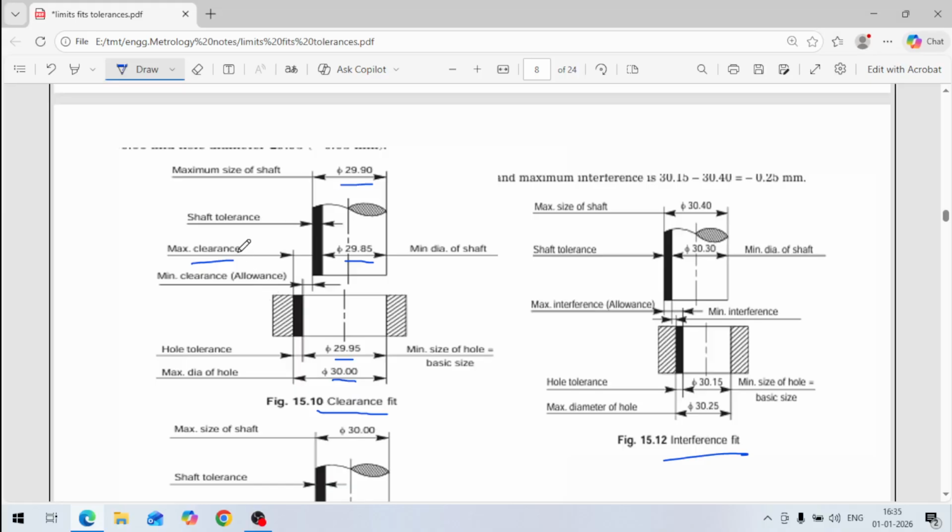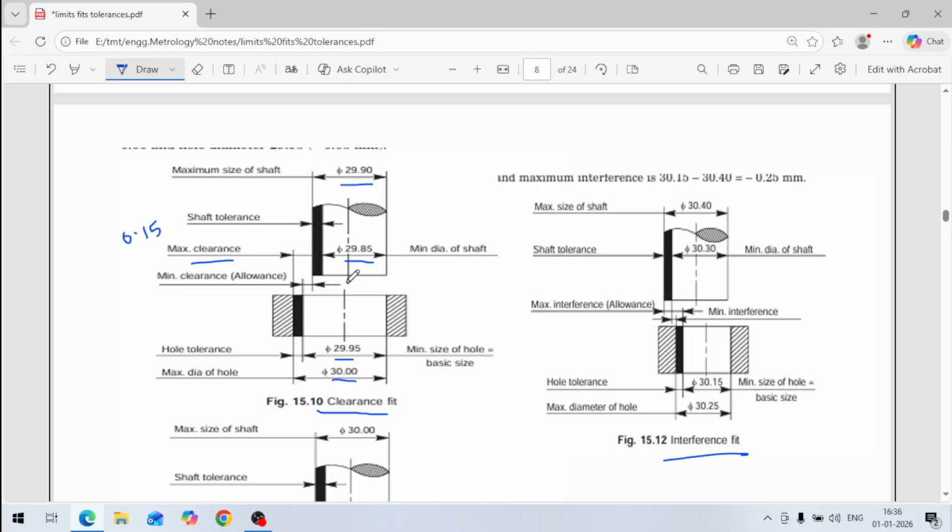Suppose the maximum size of the hole is 30 mm and the minimum size of the shaft is 29.85. How much will the clearance be? 30 minus 29.85 will be 0.15 mm. So this is the maximum clearance.